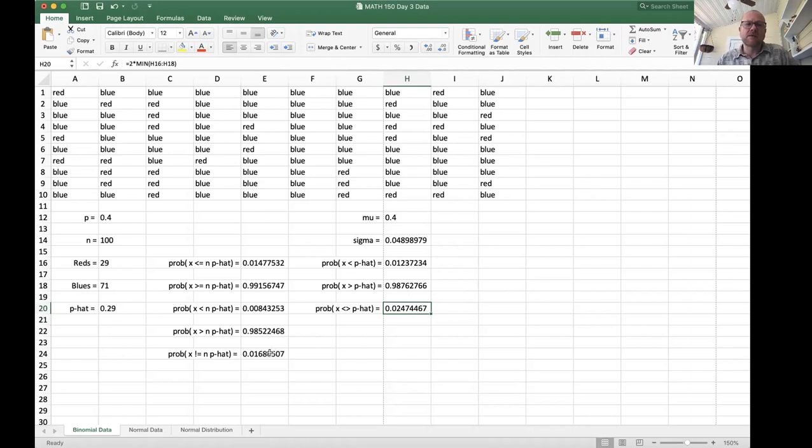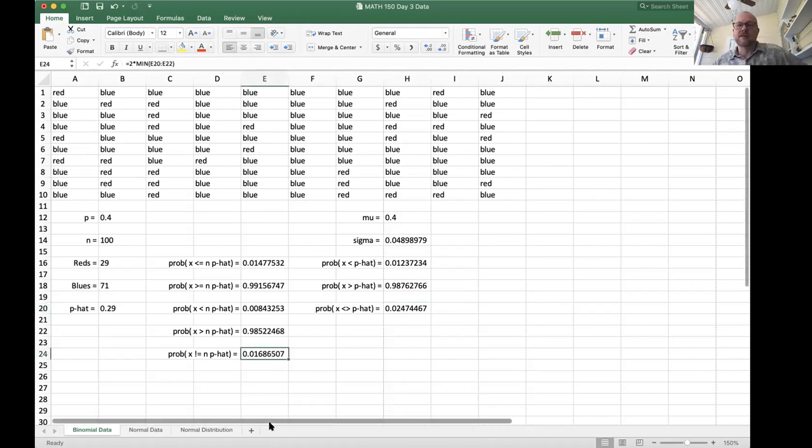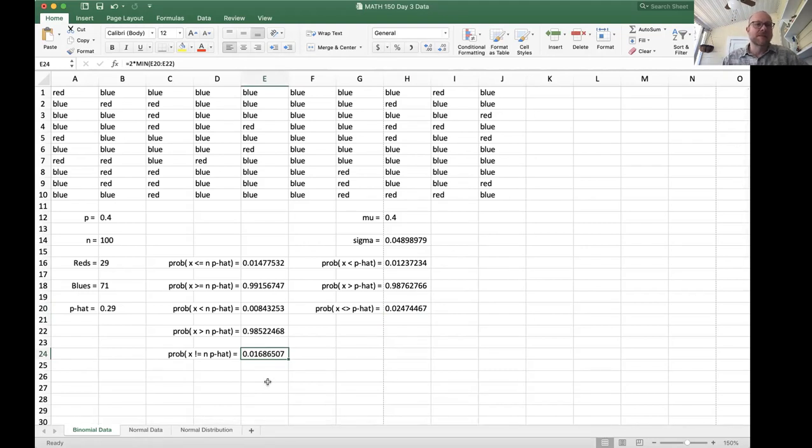Now that's not very close to what this is down here that we got out of the binomial distribution. But here's the funny bit. If I take that stuff that has the less thans and replace it with the stuff that has the or equal tos, now we've got 0.02955 and 0.0247.